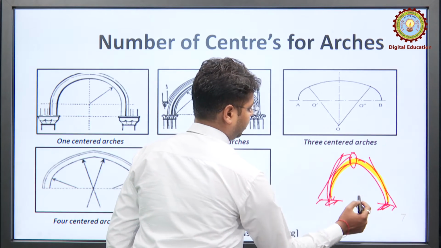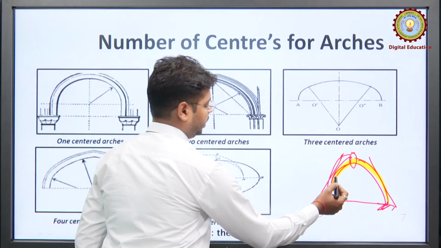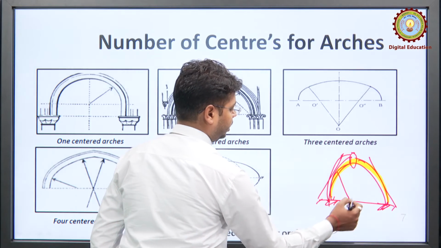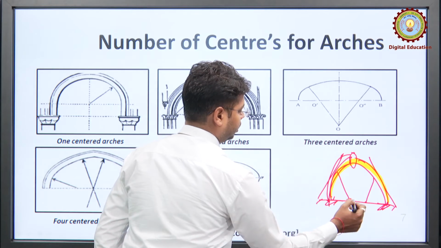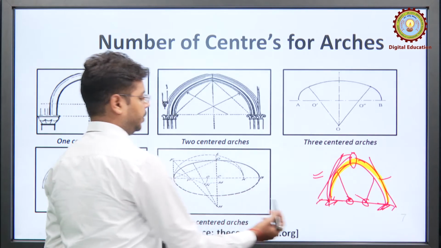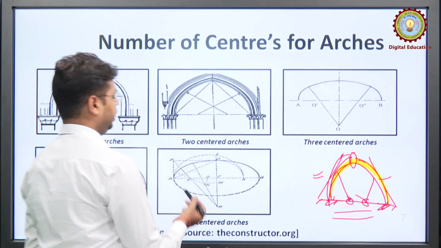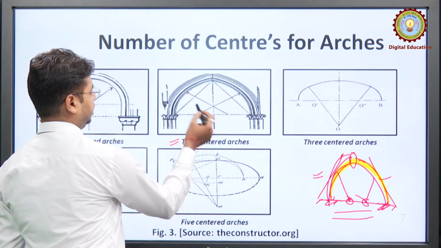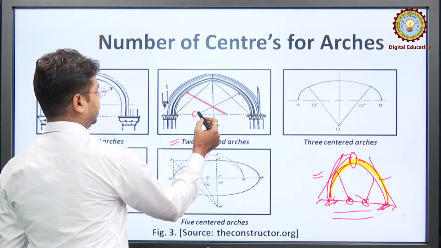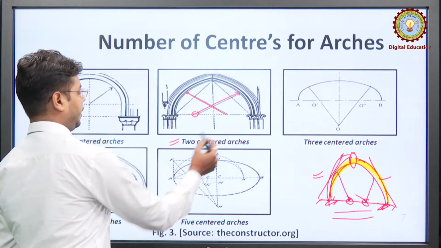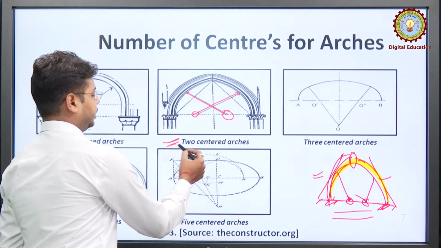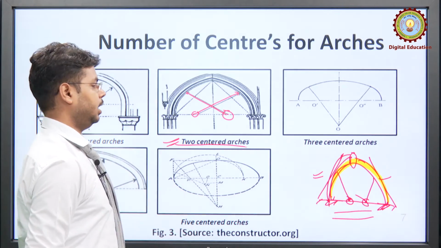This portion is coming from some circle, and this other portion has a different center point. These two different curves give two different center points. Because of this, we can say that this is a two centered arch. You can see here, for example, this is the center for this curve and this is the center for this curve. So we can say that this is the two centered arch.